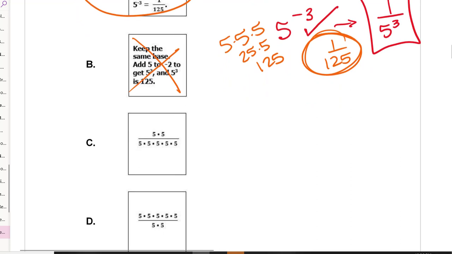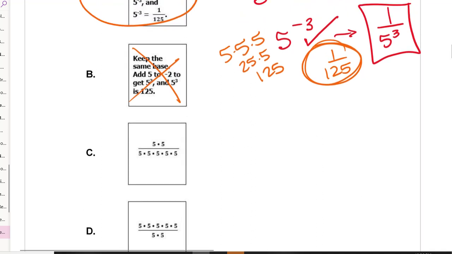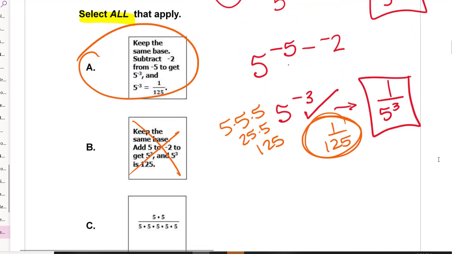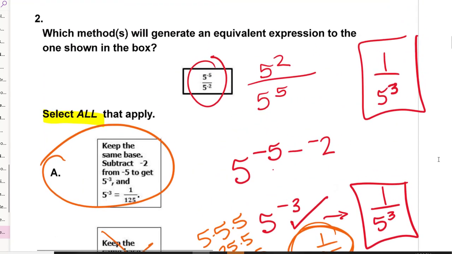What they've done with C, would we end up with 5 to the 3rd as the denominator? So if I go back to my first method up here at the top, when I use the reciprocal for the negative exponents, I ended up with 5 to the 2nd in the numerator and 5 to the 5th in the denominator.